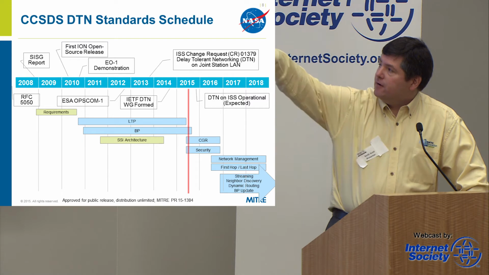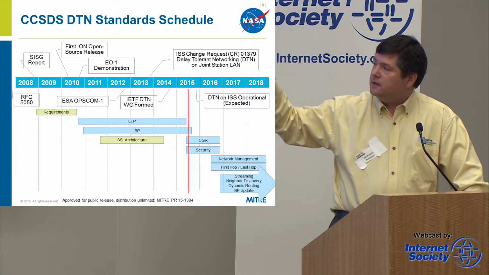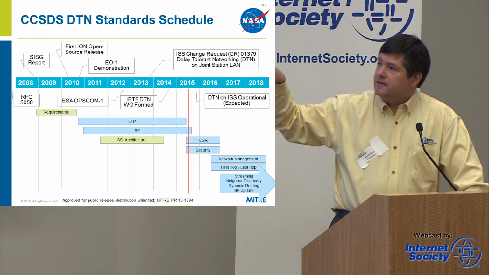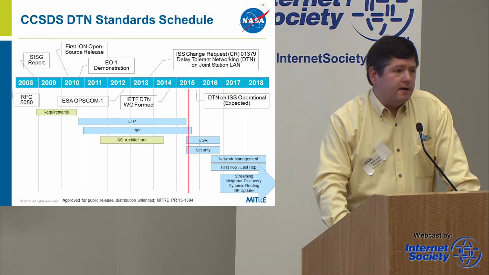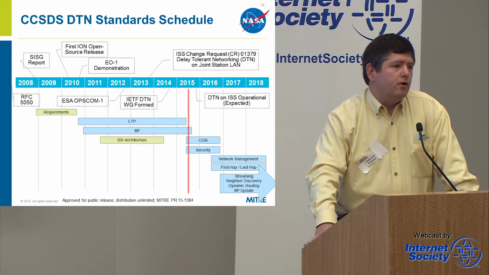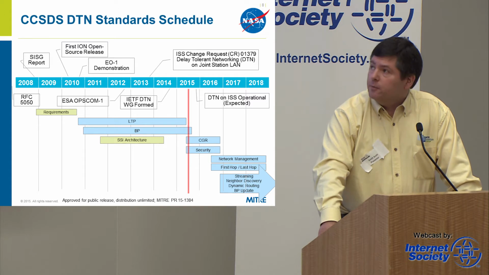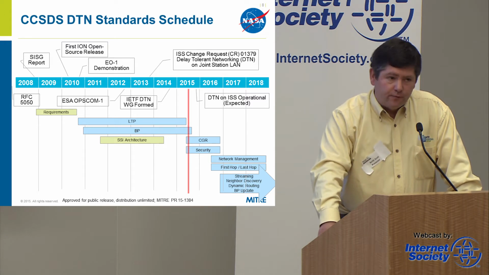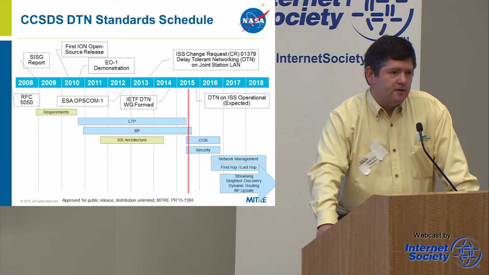And then the stuff that's down here in colors on the bottom are various specifications within CCSDS. So pretty much as soon as the SISG report came out, CCSDS chartered the working group to standardize BP as an internetworking protocol. And the first thing that we had to do was essentially the requirements search that said, what is this?